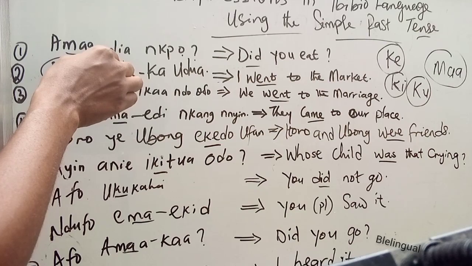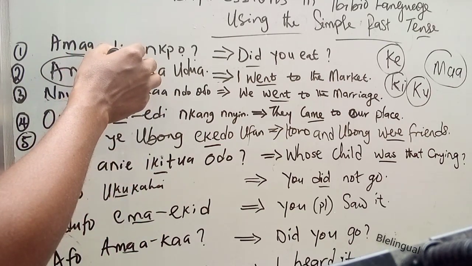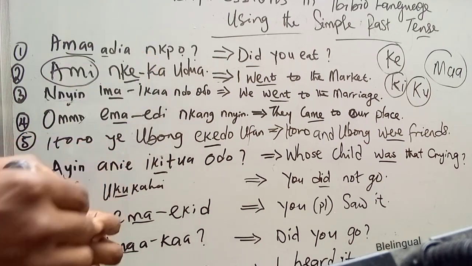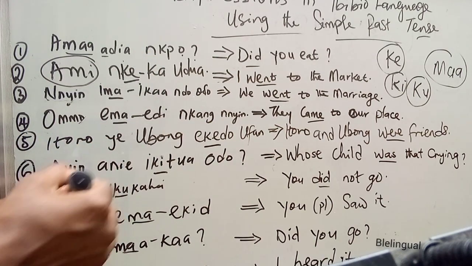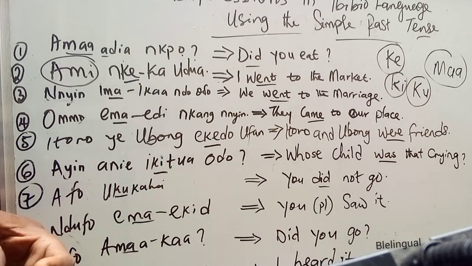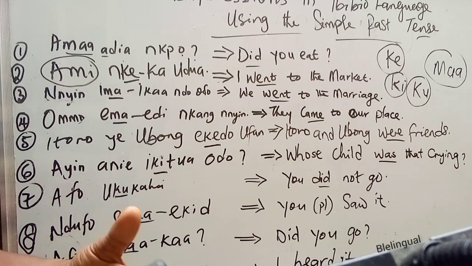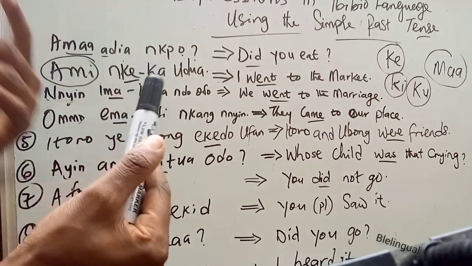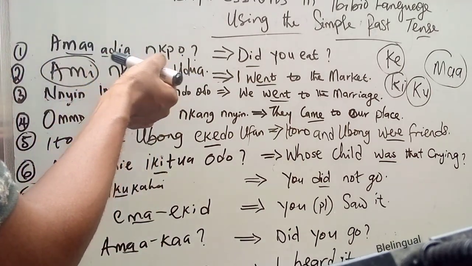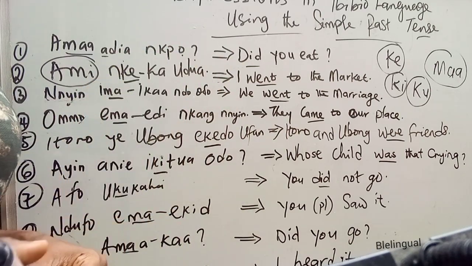A here is a concord marker, and then dia here is the root verb. Then mpo here refers to the subject, which is food. So that's how we can break down all of this to tell you what they all stand for.